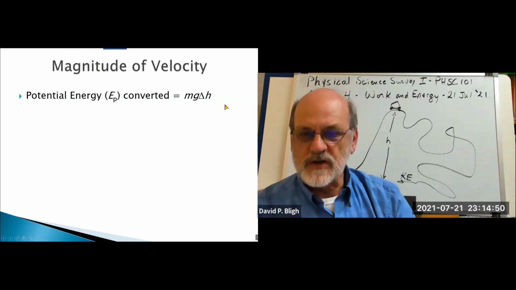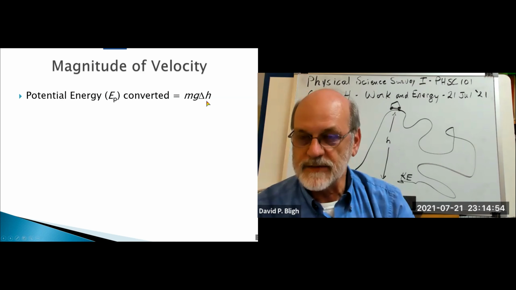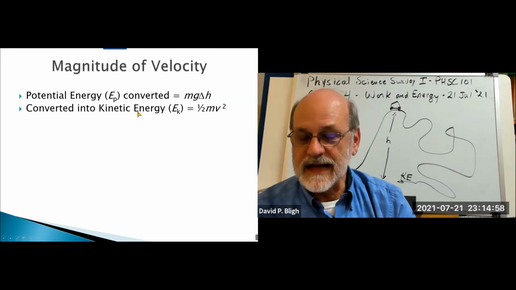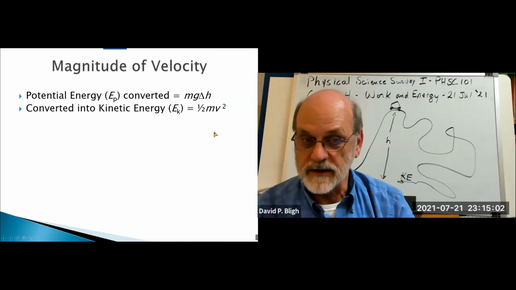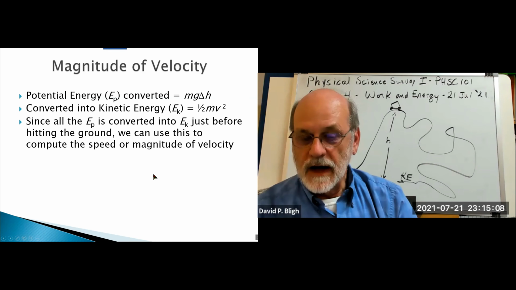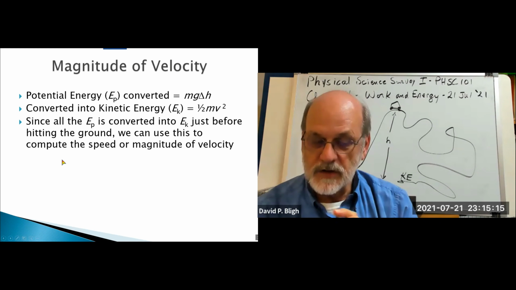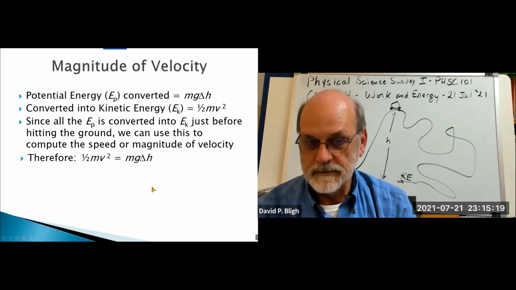Potential energy again is mass times the acceleration of gravity times change in height. And the kinetic energy at any one place is 1/2 mv squared. We can use these two equivalences to compute the speed, or the magnitude of the velocity, at any one point.